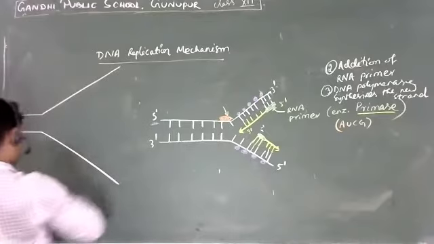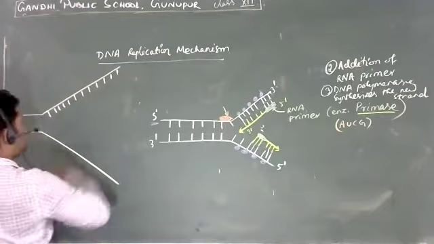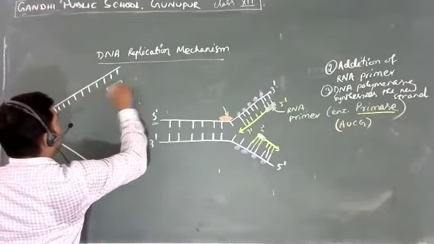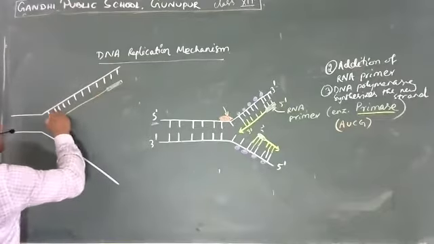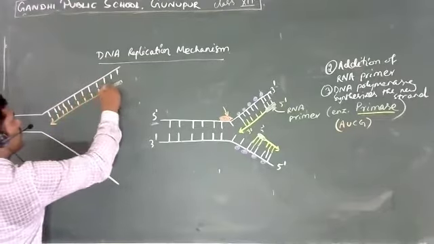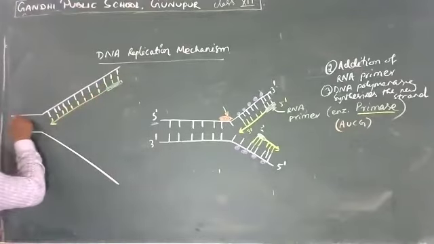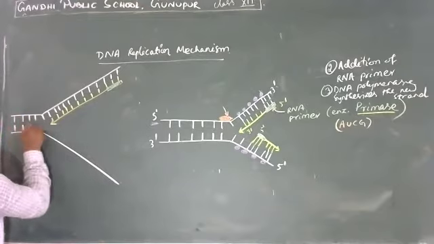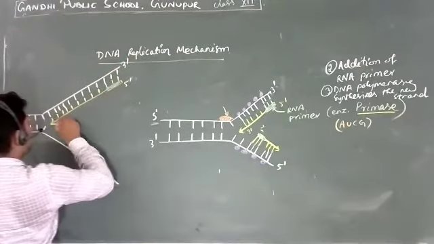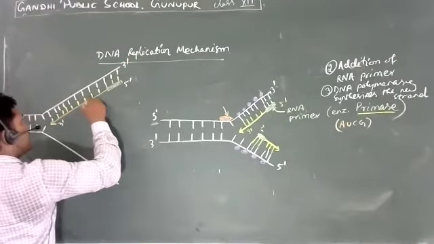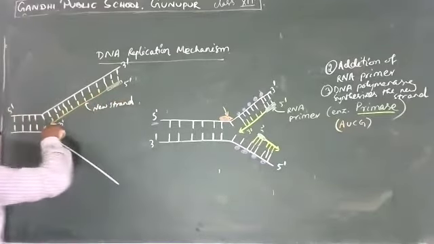So here is our primer, and we got our new strand of DNA. Okay. And here, 5', 3', 5', 3'. So here, this is our new strand. The new strand here polymerized in the 5' to 3' direction.